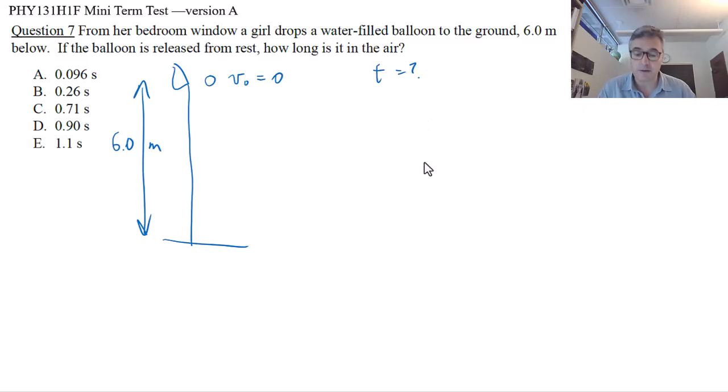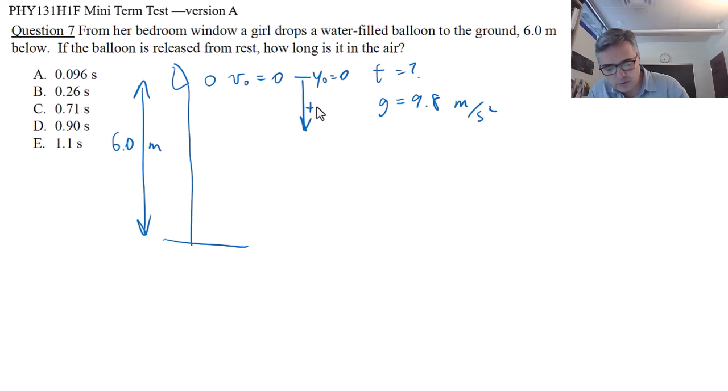So this is free fall. I'm going to assume there's no air resistance, so I'm going to say G is equal to 9.8 meters per second squared. That's the acceleration. So what I need to do here is define my y-axis. I'm going to say that y0 equals 0, and I'm going to put the plus y direction downward, so that a sub y is equal to plus 9.8 meters per second squared.